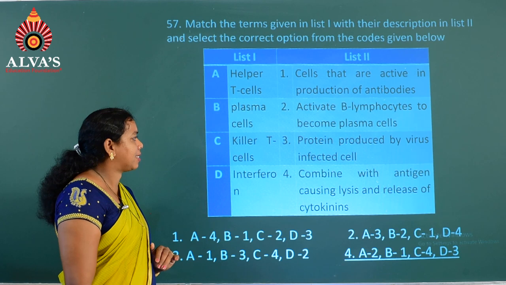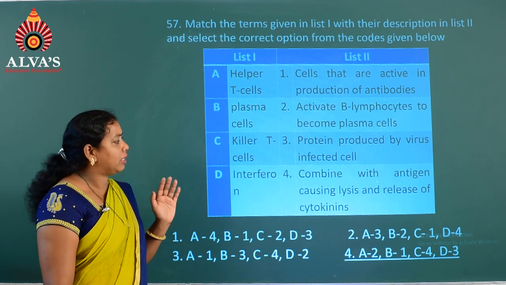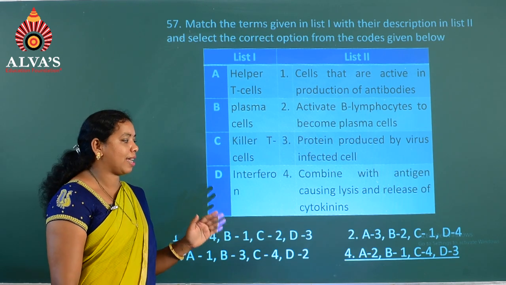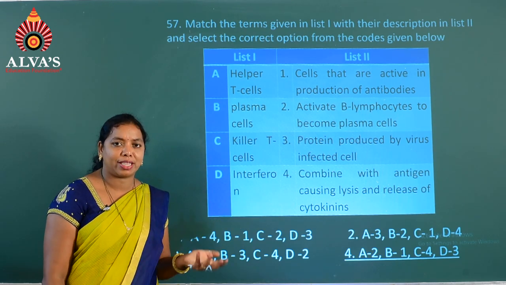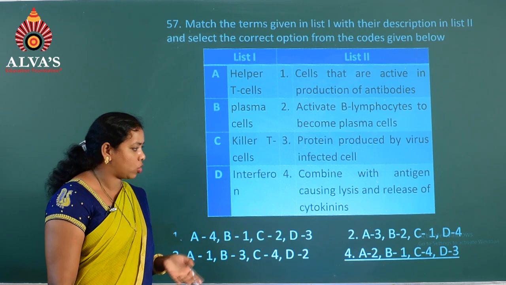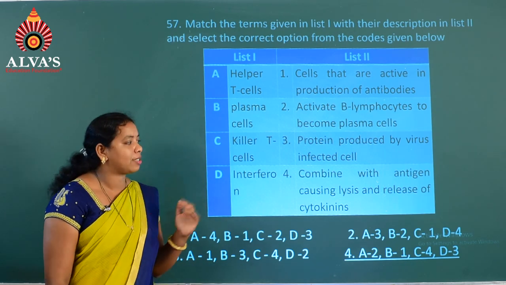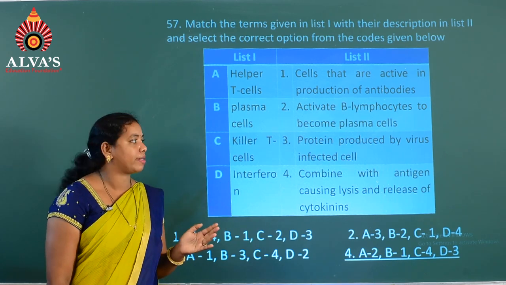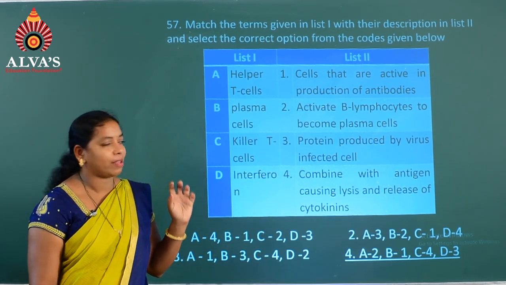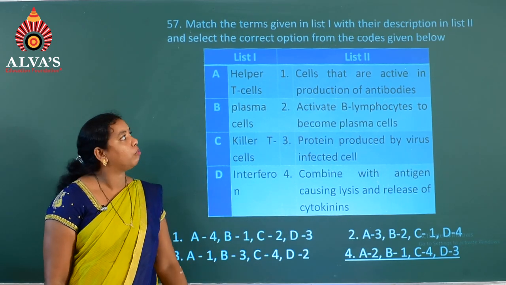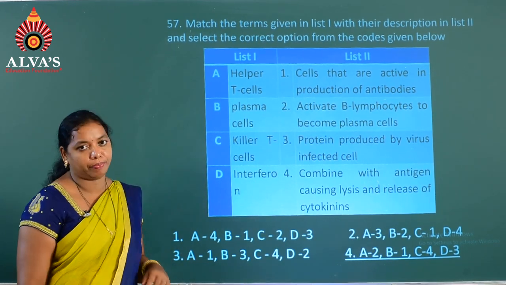Killer T cells combine with antigen causing lysis and release cytokines. That's why they are named killer T cells. The next one is interferons. Interferons are proteins produced by the virus infected cell. So the option is the fourth one for question number 57.